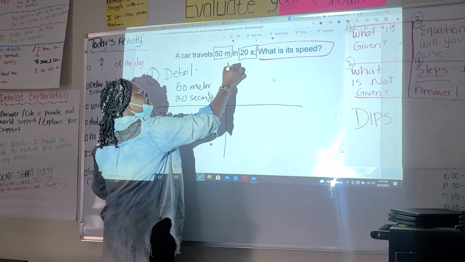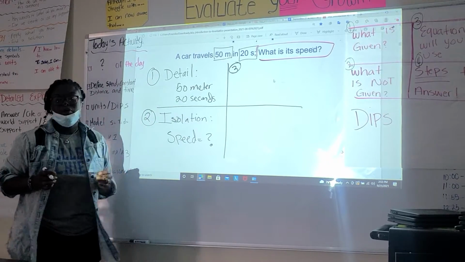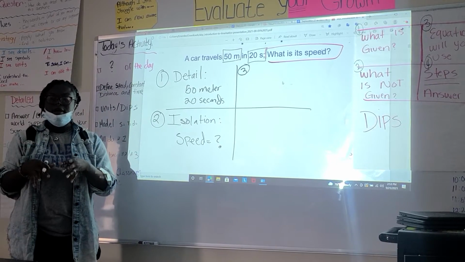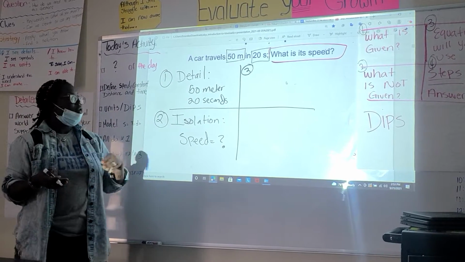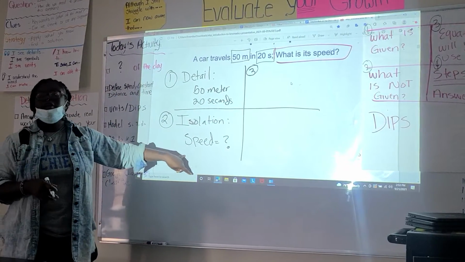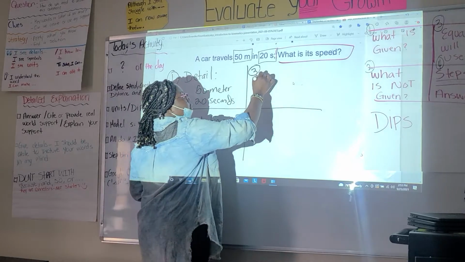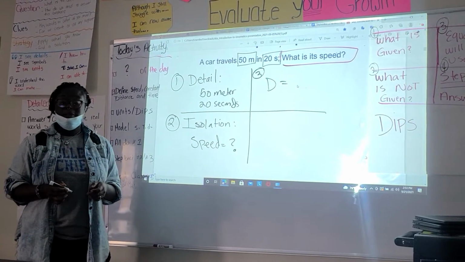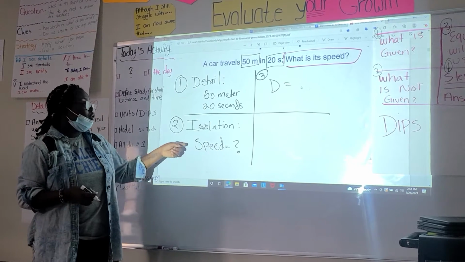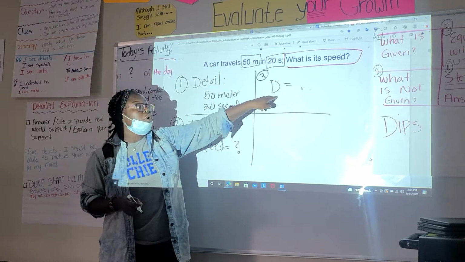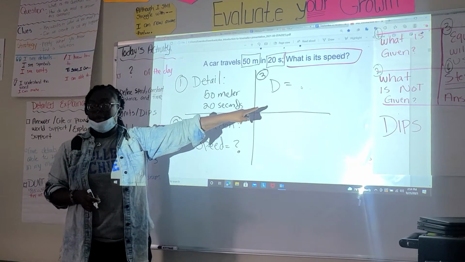So here's a mistake I already caught on to. You guys are lucky because you get to see all the mistakes come out here, and I get to show you what I already saw. Some people were saying, ooh, I have to find speed, so let me do distance equals. Does that make sense? No. Whatever you're isolating for should equal the equation you put in the next step.